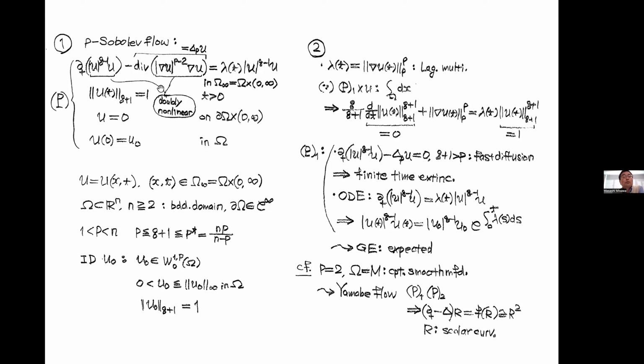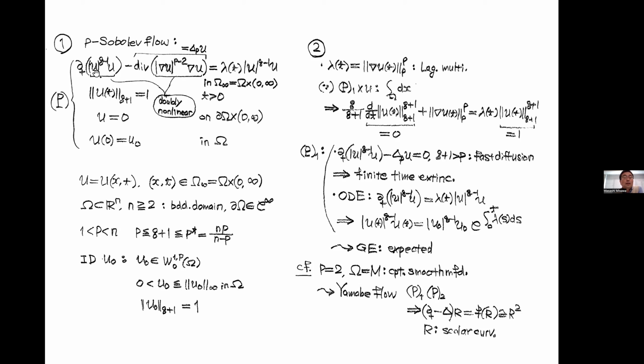This is our equation. You know that we have two kinds of power nonlinearity, in the time derivative and in the second order spatial derivative. This second term is called the P-Laplace operator, and the first term is a porous medium type operator.